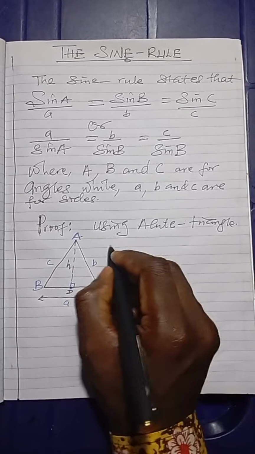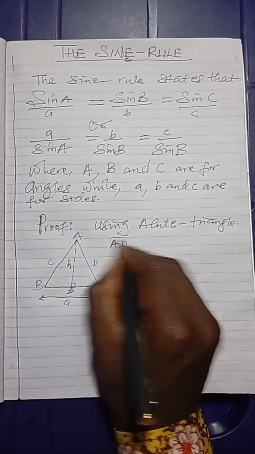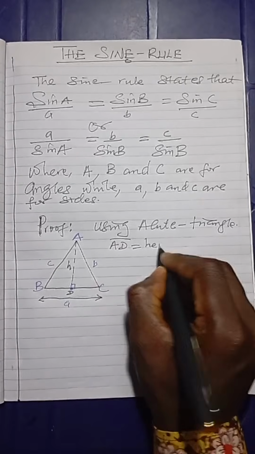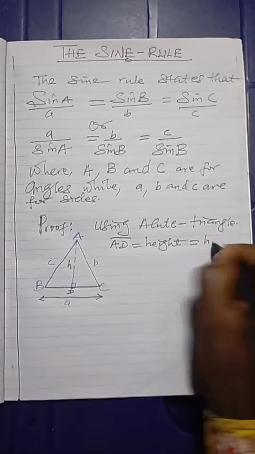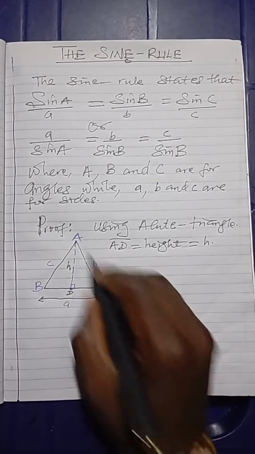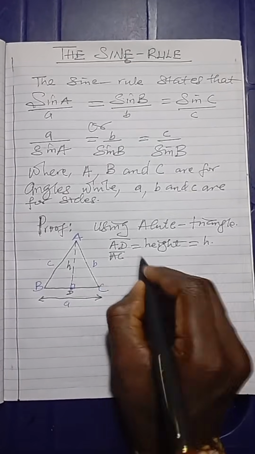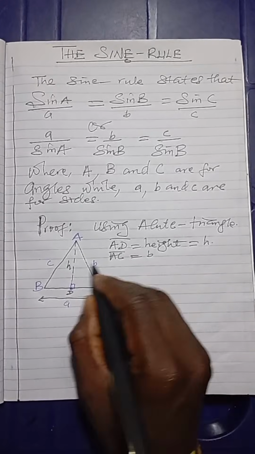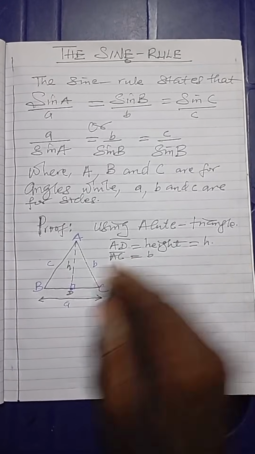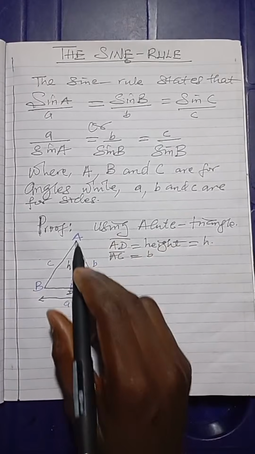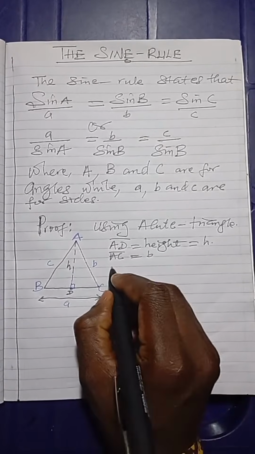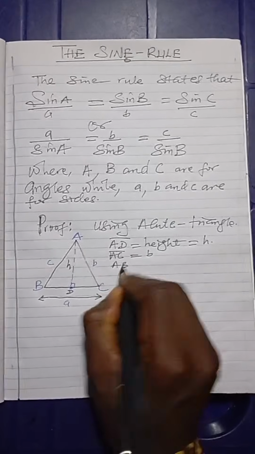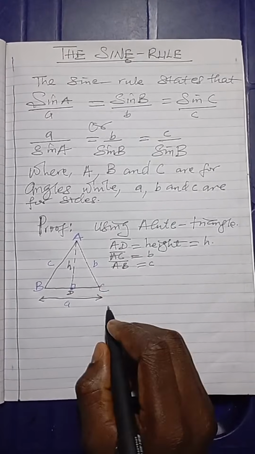All right, so we have here AD is our height, which is h. Then AC is b, and it is also the hypotenuse for this right angle triangle ADC. AB is small letter c.